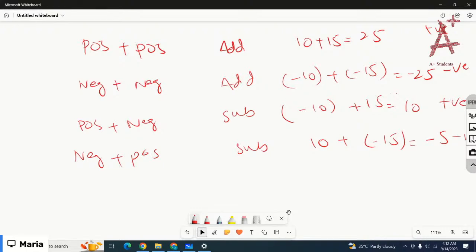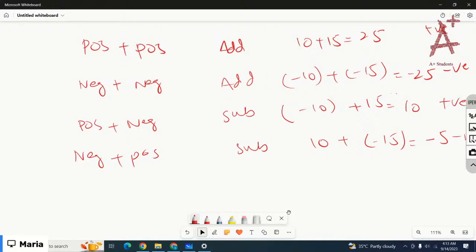So what you have to do? You have to convert the subtraction sign to an addition sign, right? And after converting the sign, take the inverse of the number which comes after the sign, right? Okay, let's go to the lesson. Let's do the practice questions, right?